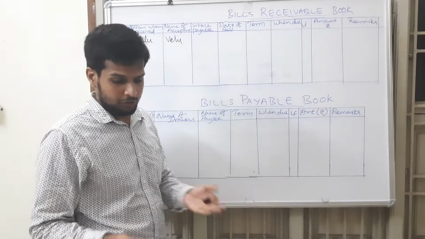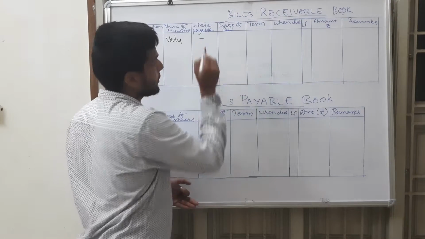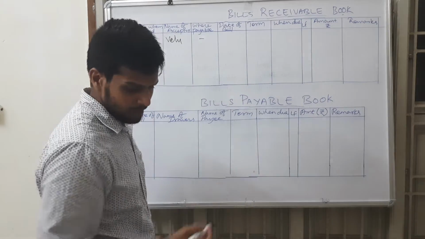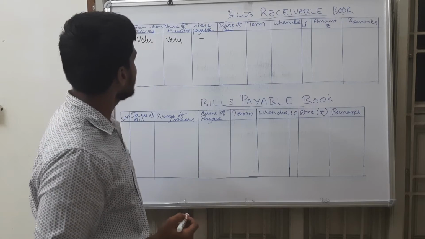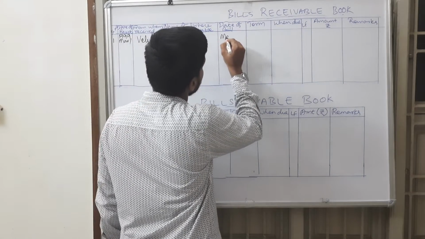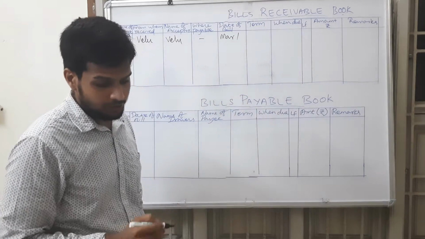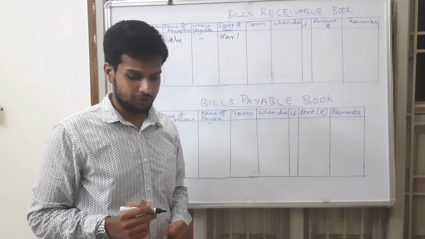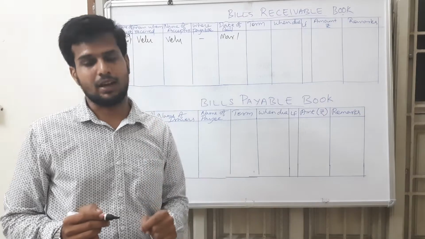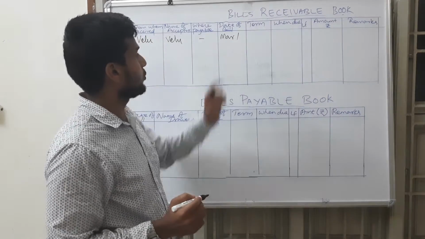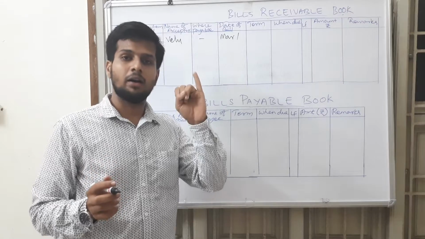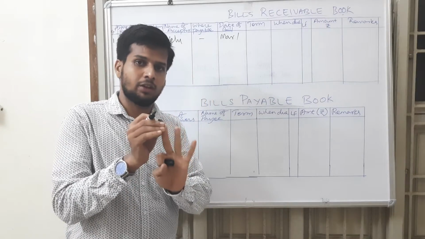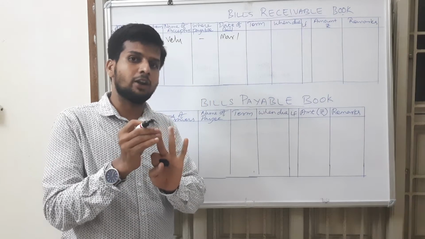Where payable: it does not describe the place of payment. The date of the bill is March 1. What is the term? It has been given in the transaction itself, 3 months. March 1, then April 1, May 1 and June 1 is the end of the 3-month bill, plus we have to add the grace days.